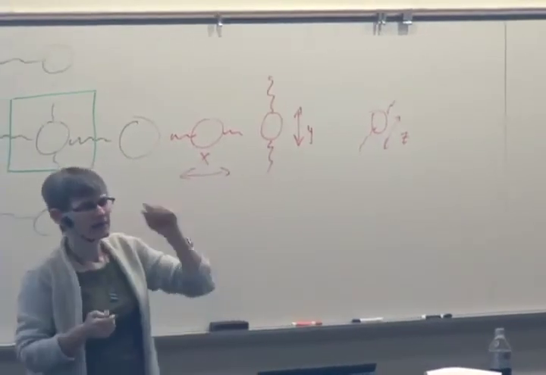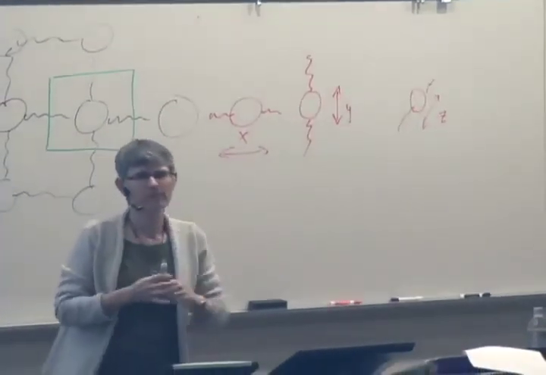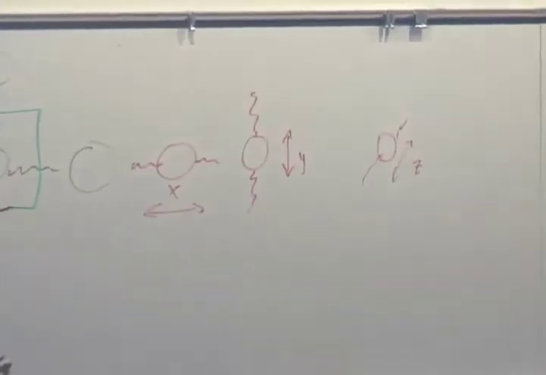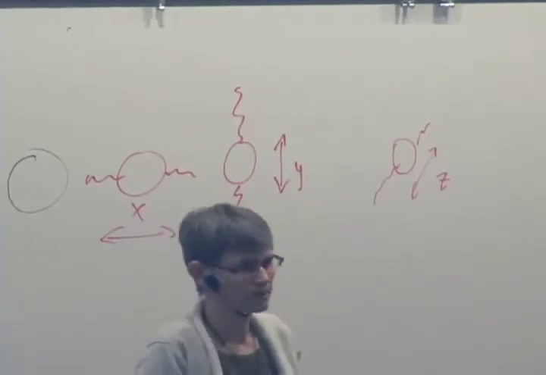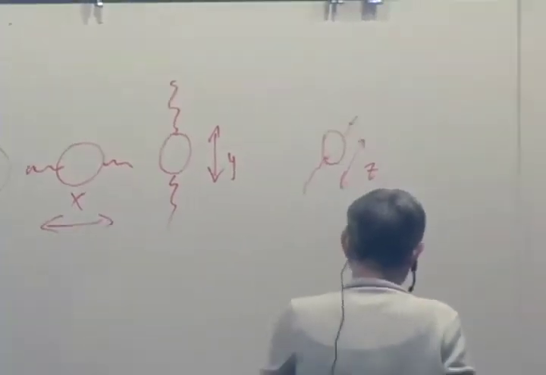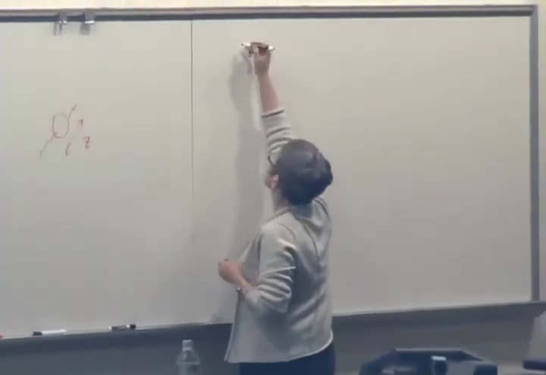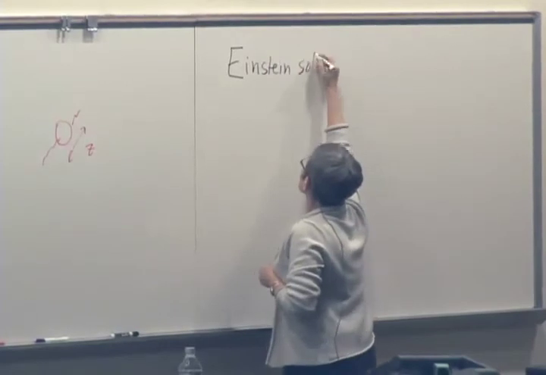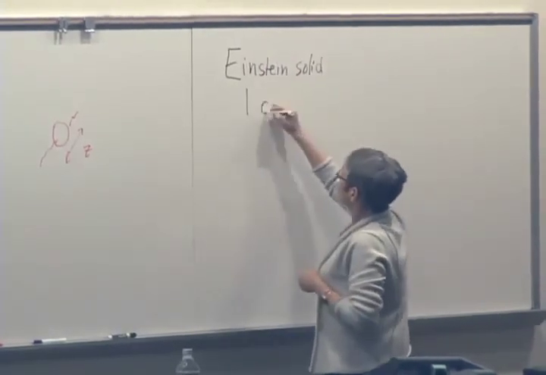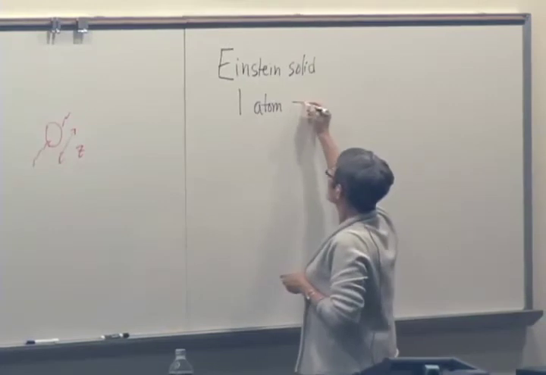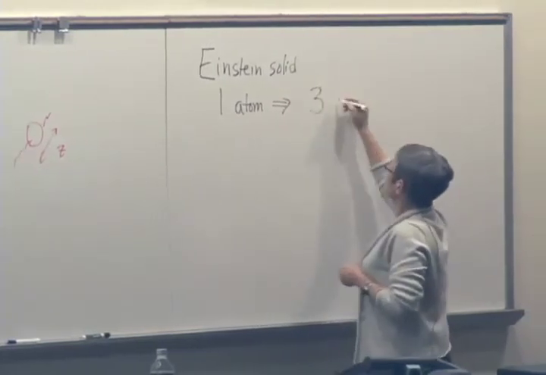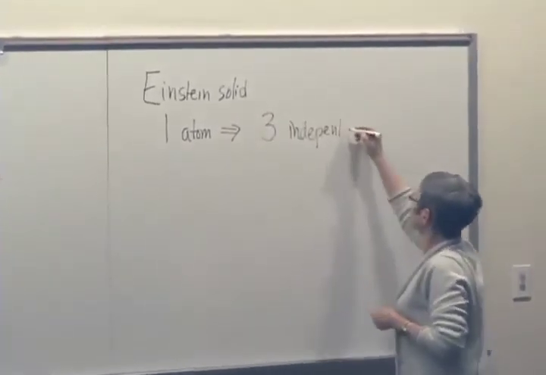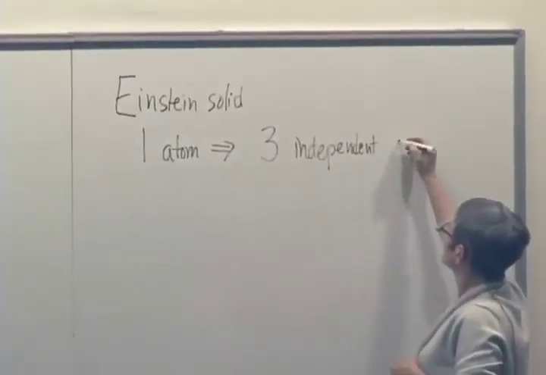So every time we think about one atom, we're going to mathematically model it as if it was three separate balls and springs, one in x, one in y, and one in z. We call this the Einstein model of a solid, the Einstein solid. And one atom is modeled as three independent oscillators.